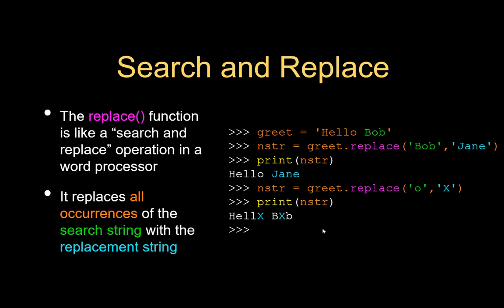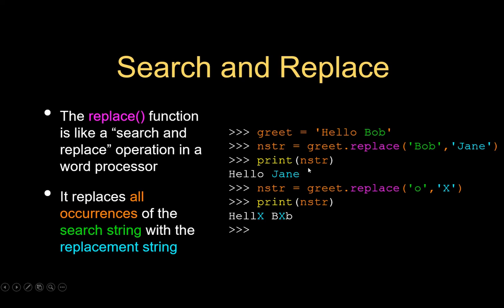Search and replace function. In this case, we have hello Bob assigned to the variable greet. We call the method replace upon the greet variable, and we say that if you find Bob, replace it with Jane. We save that in NSTR.